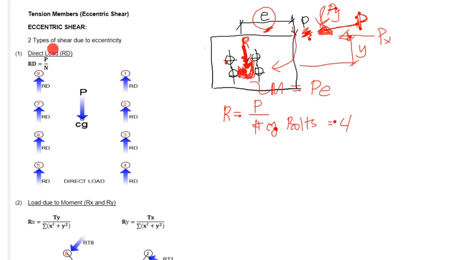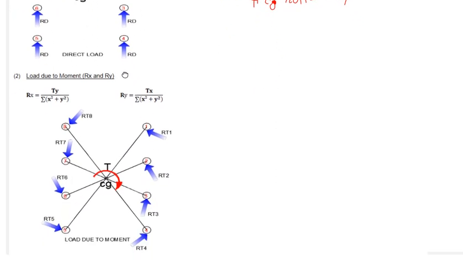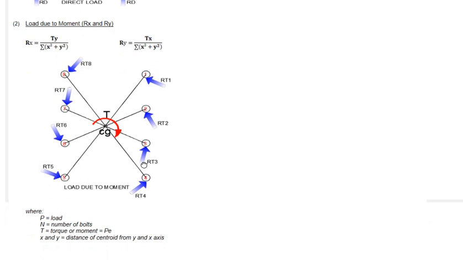So, ganyan lang yung gagamitin natin to solve for the direct load. And we also have here the load due to the moment, Rx and Ry. So, meron tayong Rx, yung T, ito yung torsional moment natin, that is equal to the load times the eccentricity.